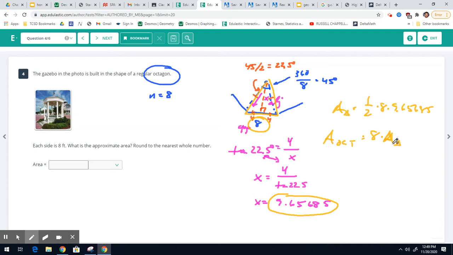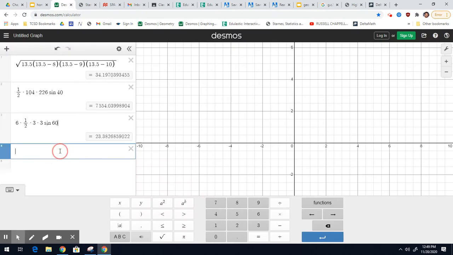in my graphing calculator. Okay, so let's go there now. And again, you don't want to round early because you'll be decimals off when you have to type this in. And it says whole number, so that's trying to bail you out.